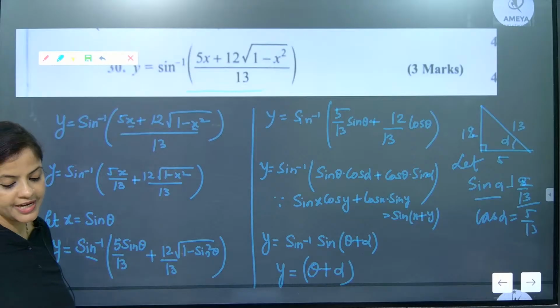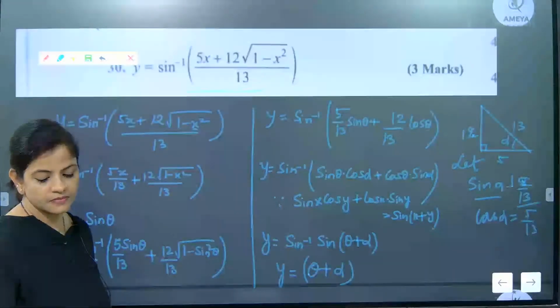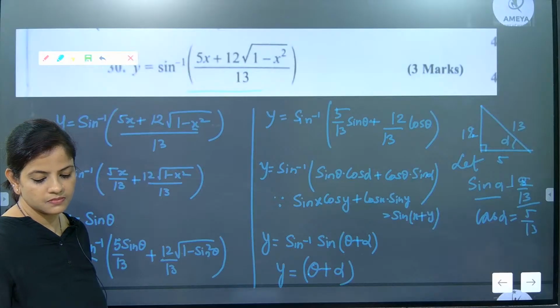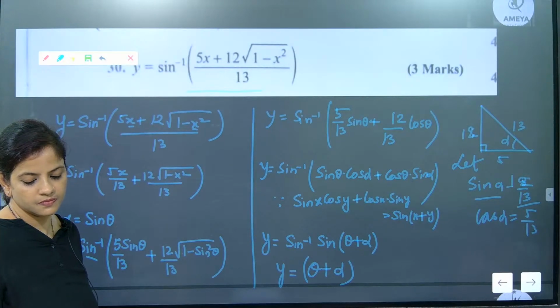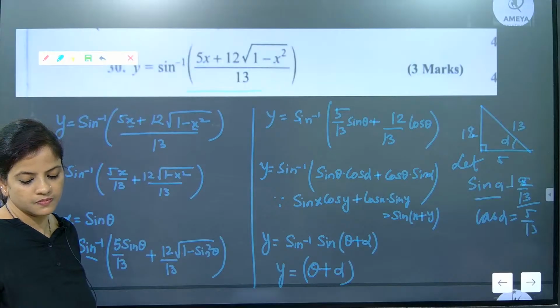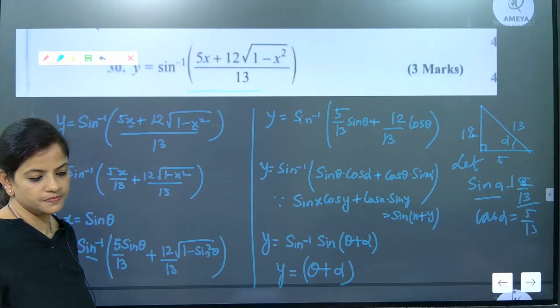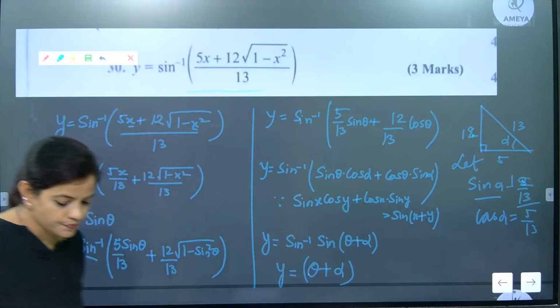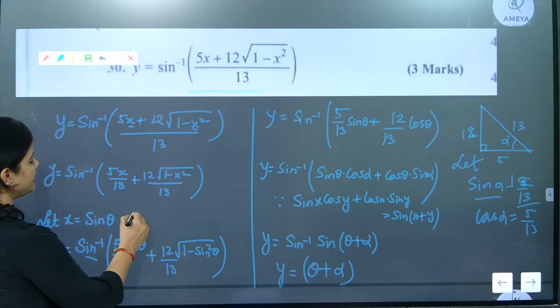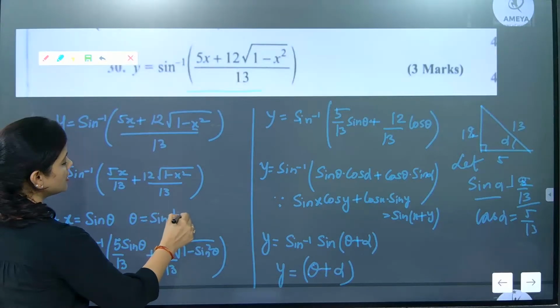Now, what is theta here? x is equal to sine theta, so theta will be equal to sine inverse x.